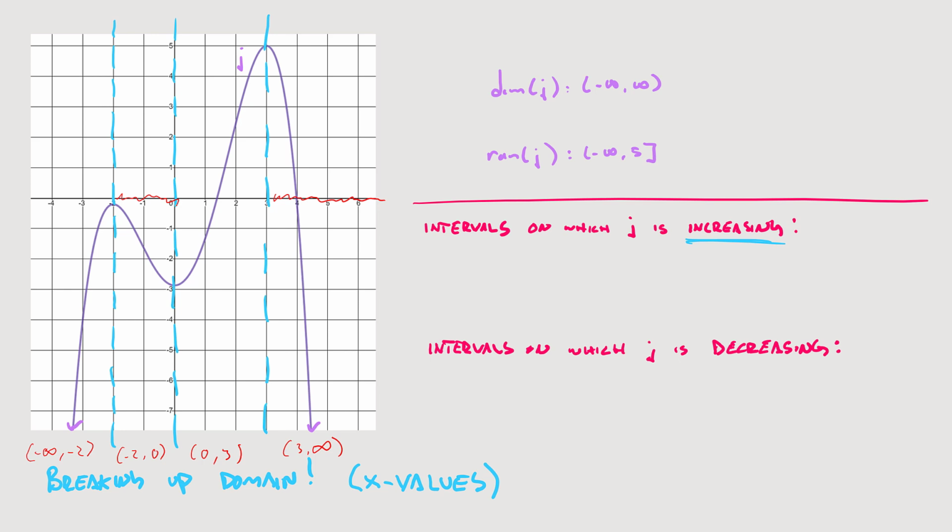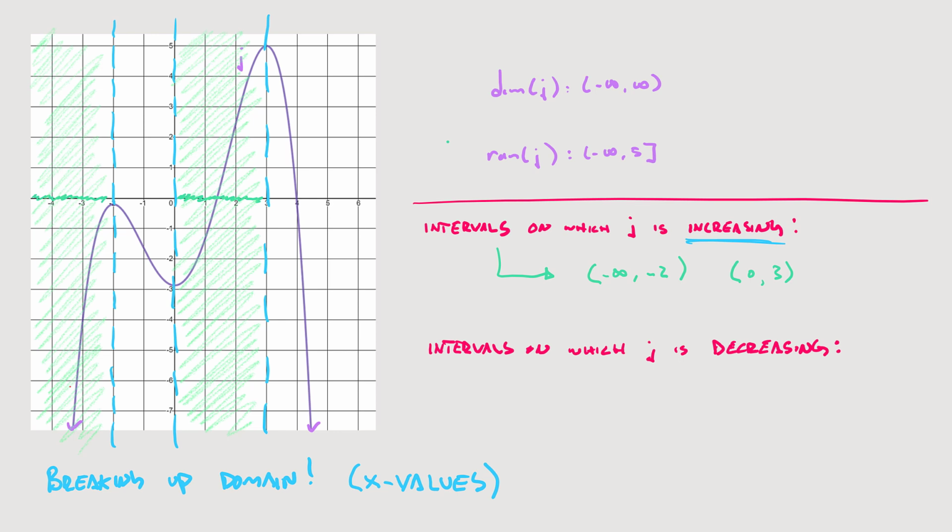What that helps me do is it tells me, okay, here's where the graph is broken up to where it has positive and negative slope. So increasing is just going to be the ones that have positive slope. So this one and this one, because it has positive slope inside those intervals. But to be a little bit more clear, I'm looking for where the graph has positive slope, and I just highlighted that in this green color. So these are the intervals, negative infinity to negative 2, and also 0 to 3.